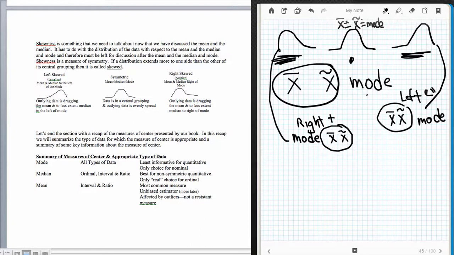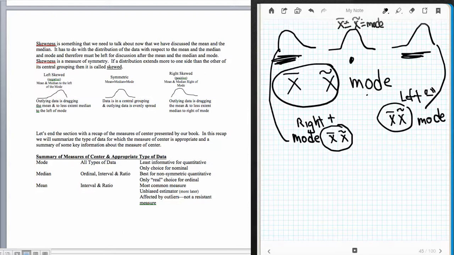Now let's just summarize really quickly these 3 measures of center that we have had. First of all, the mode. The mode is a good measure of center for all types of data, both qualitative data and quantitative data. It is least informative for the quantitative data, and it is the only choice we have for nominal data, which is a qualitative type. Finally, the median. The median is good for ordinal data, interval data, and ratio data.